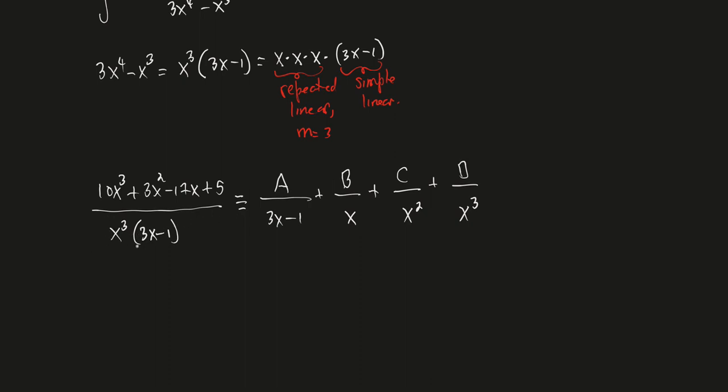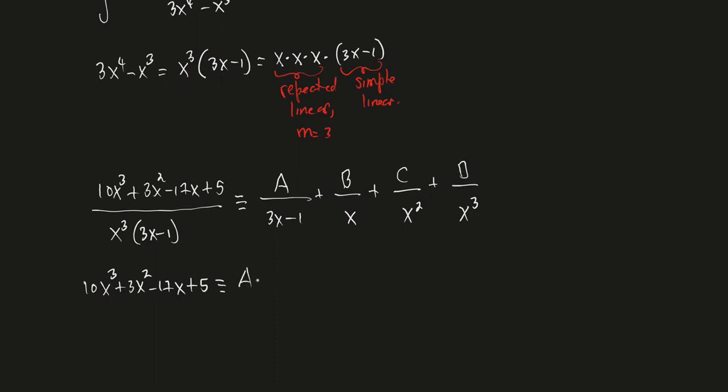So let's take this denominator and multiply both sides of this identity. So we're going to be left with the 10x cubed plus 3x squared minus 17x plus 5. If I take this denominator and multiply the first fraction, then the 3x minus 1 goes away, and I'm left with x cubed times the a.